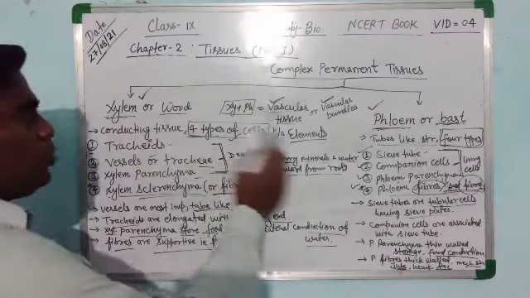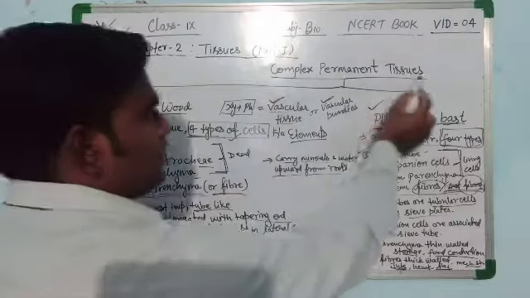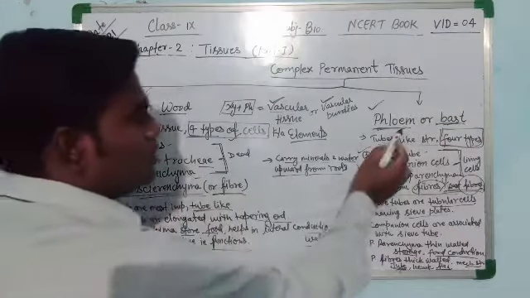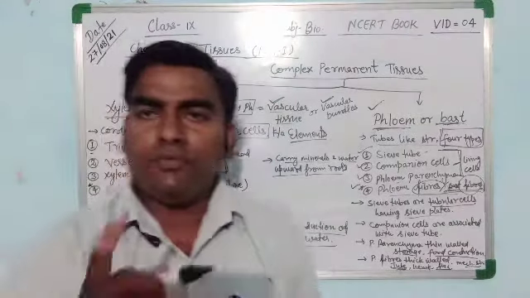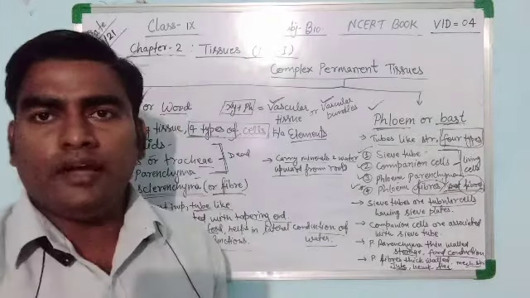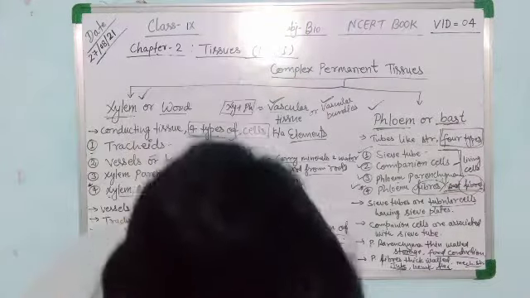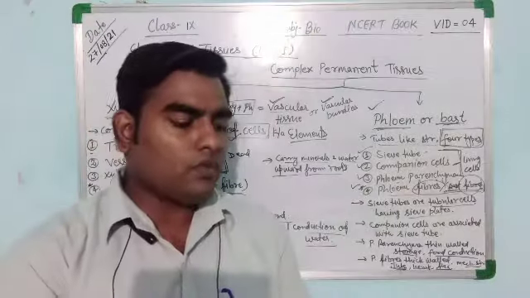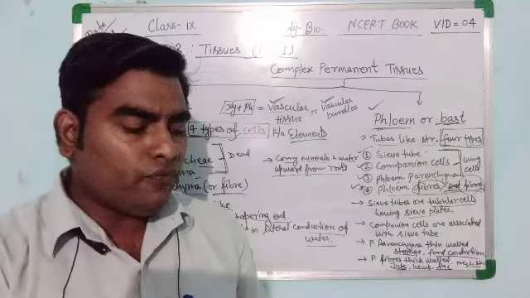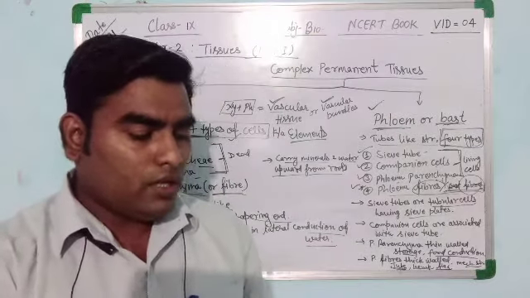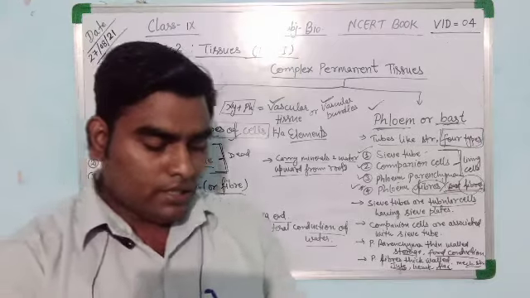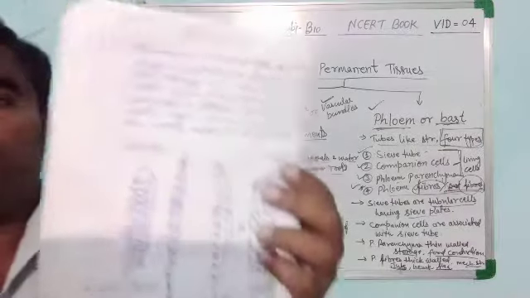So these are the two types of complex permanent tissue, xylem and phloem. You can also see the figures of xylem tissue and phloem tissue in your NCERT book, and with the help of my notes. See, these are the different types of xylem tissue.